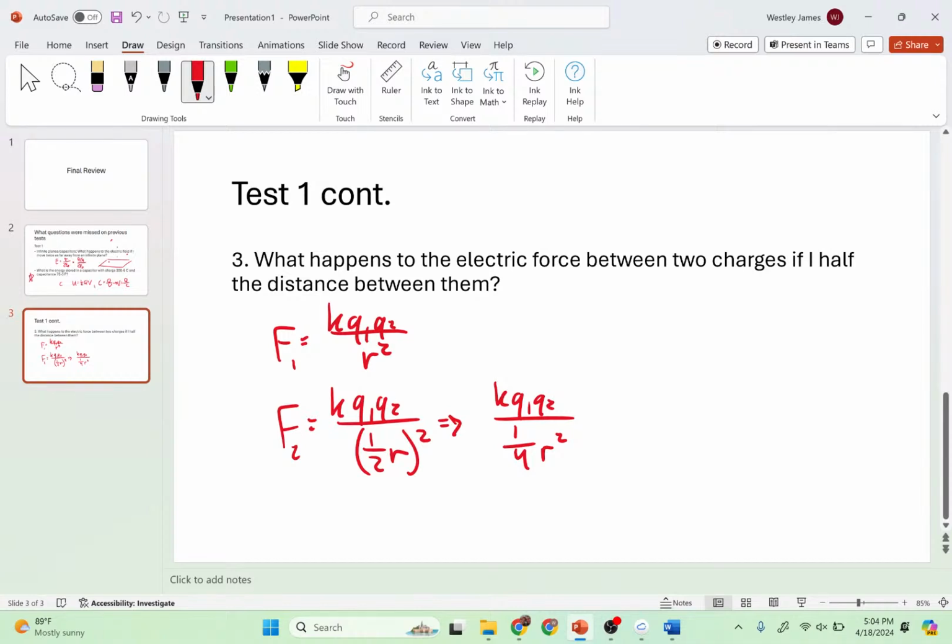You pull that 1/4 to the front. So F2, my new force. That 1/4 better stay on the bottom because that's where we found it. 1 over 1/4. Again, I'm writing it in as many steps as possible to make it very clear. 1 over 1/4 is not 1/4. If you're afraid of making that mistake, use your calculator. Let it do the work for you. It's 4.